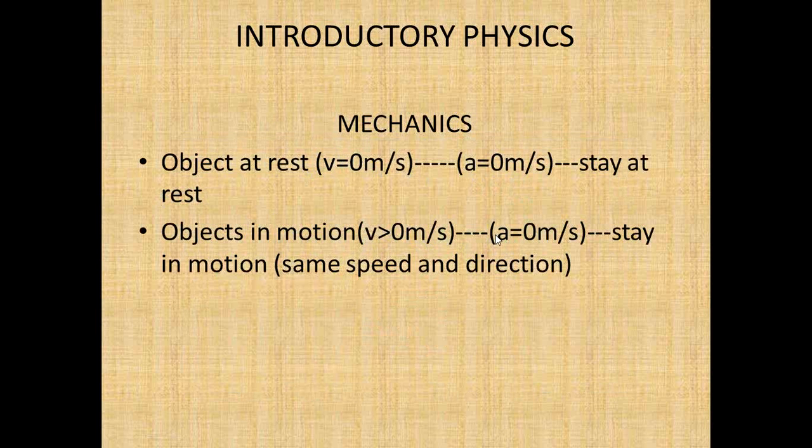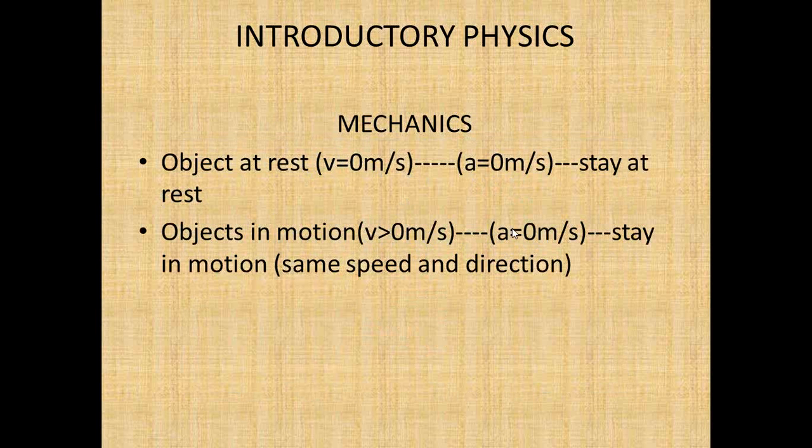Because if the object is in motion and it's not acted on by any unbalanced force, we're talking about a constant velocity. If the velocity is constant, then you're not going to have any acceleration.